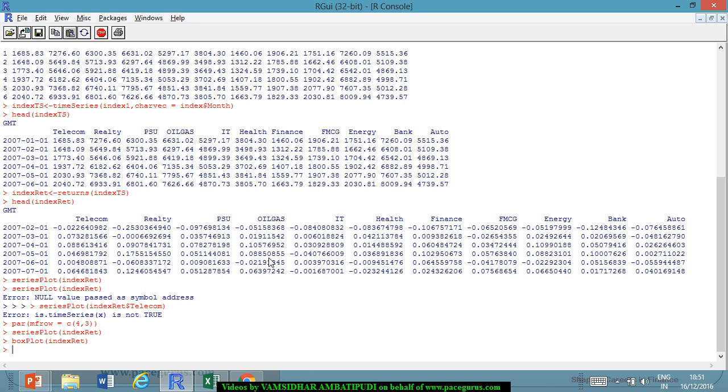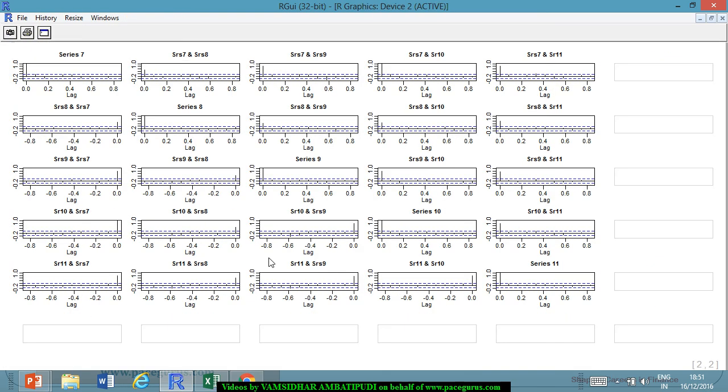But most importantly, I want to look at the autocorrelation function, for which I am looking at ACF, and this I can look at with the index returns.